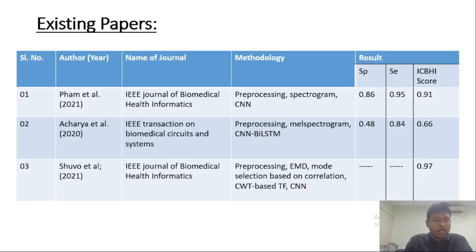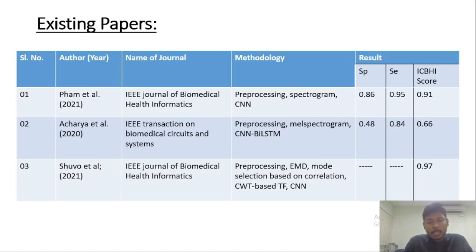The existing papers, which were published between 2020 and 2021, are listed here. The first paper was published in IEEE JBHI, and they proposed the methodology like this. They have some pre-processing blocks. Then they converted the pre-processed lung sound signal into a spectrogram, which is a time frequency representation.